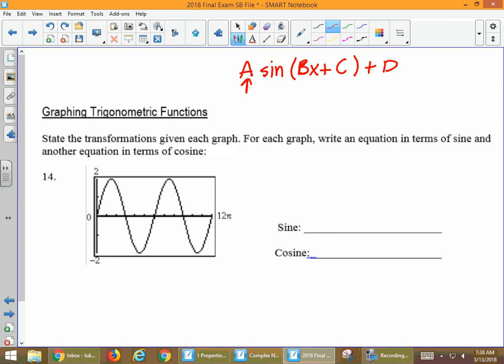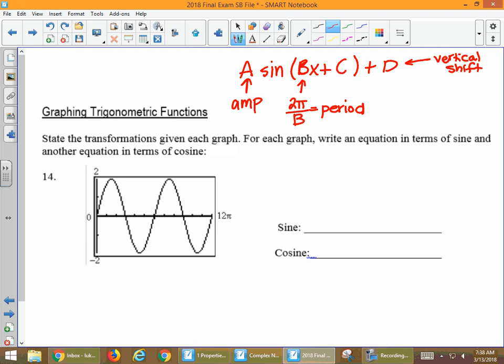Remember, a is your amplitude, or your height from the midline. B comes from 2 pi divided by b is the period of the function. D is your vertical shift, up or down.